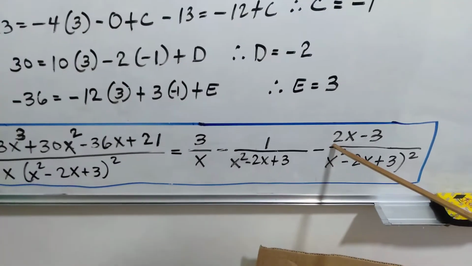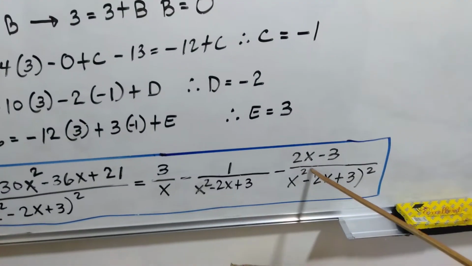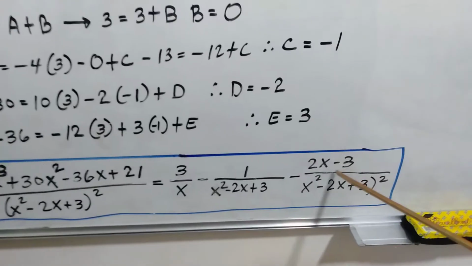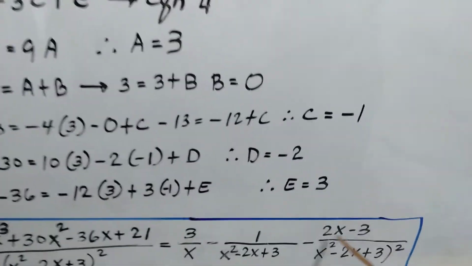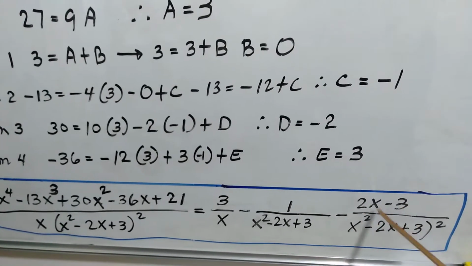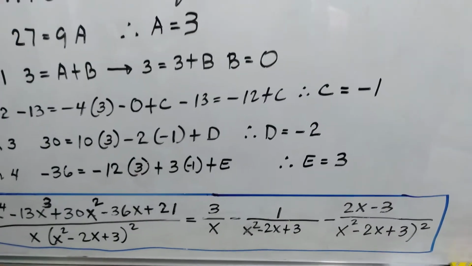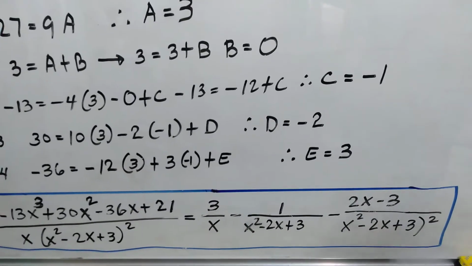And the value of d is negative 2, so negative 2x, minus the value of e is 3, so minus 1 is positive 3 over x squared minus 2x plus 3 quantity squared.